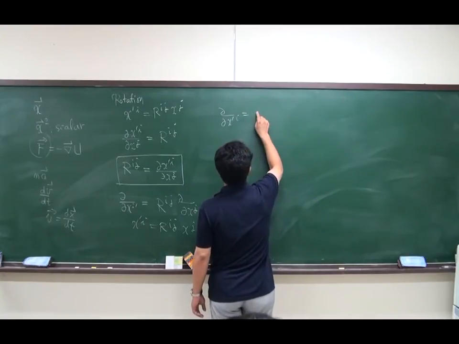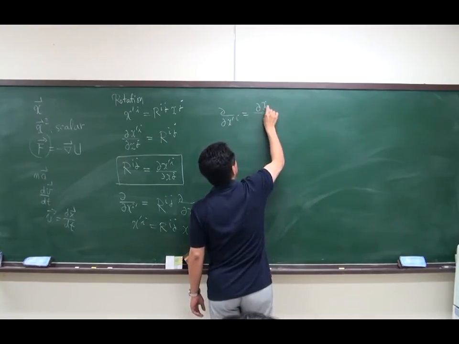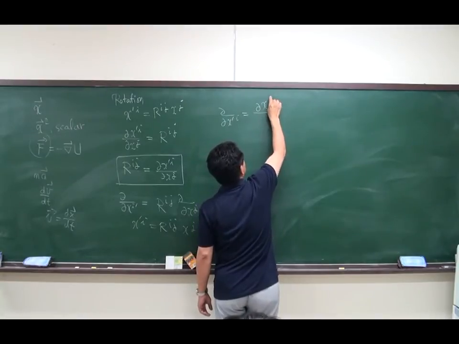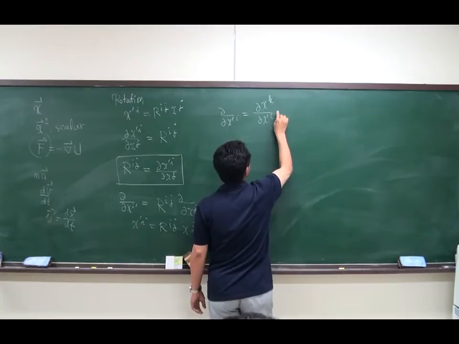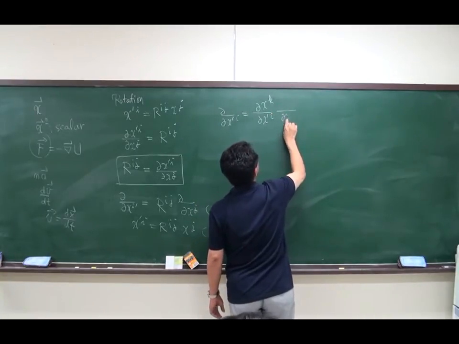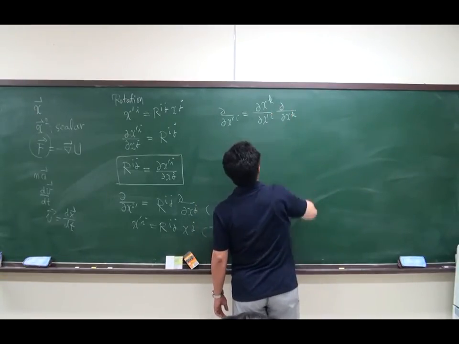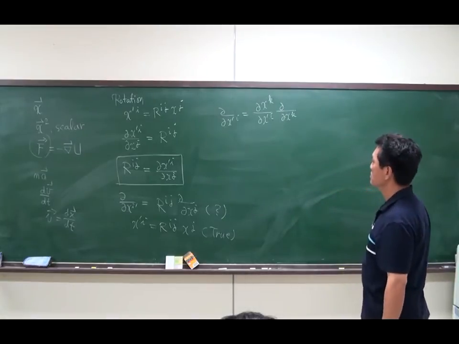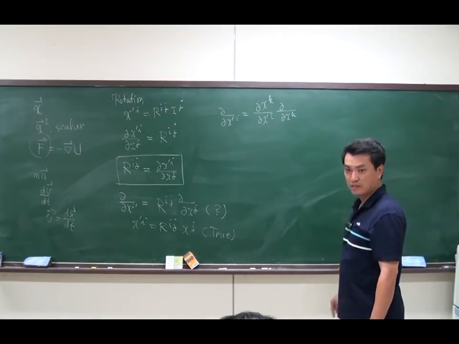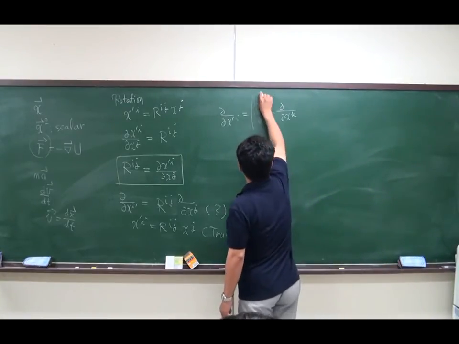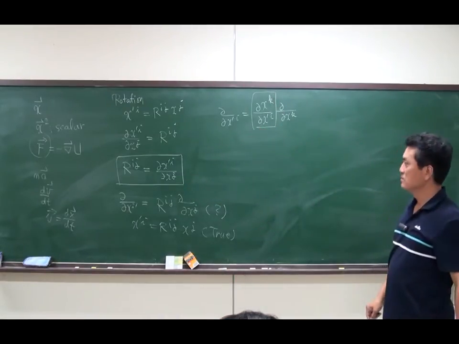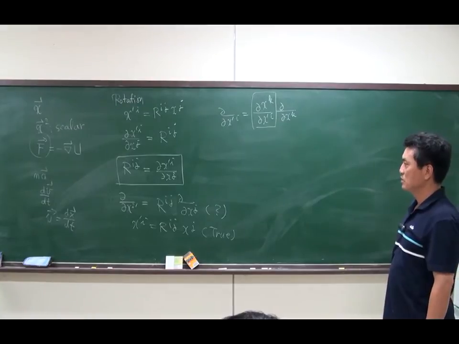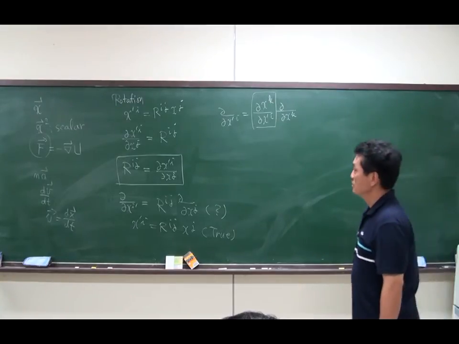The derivative with respect to x_i prime can be written with x_k. Am I right? Our problem is that this guy is different from this.